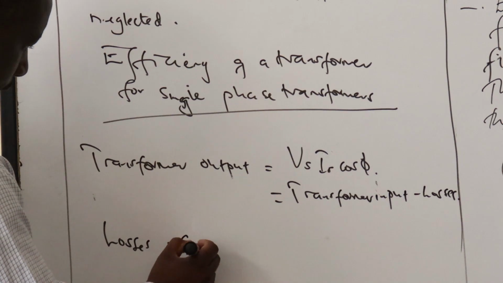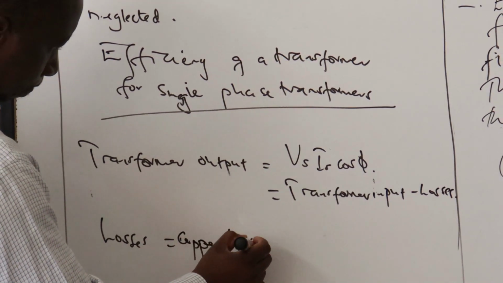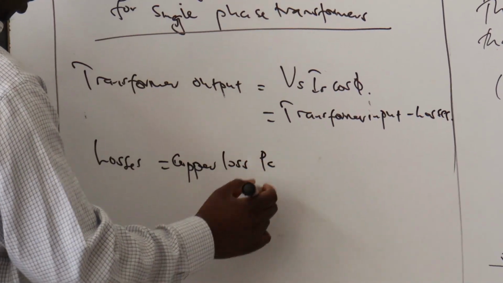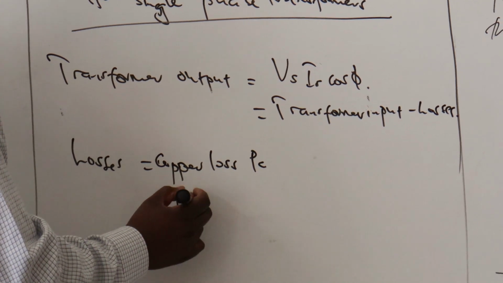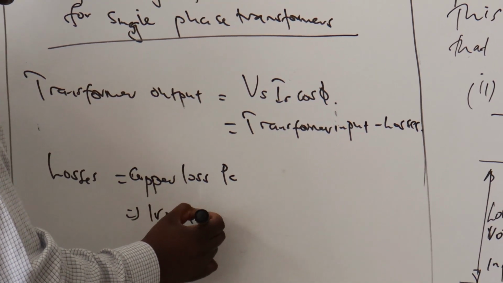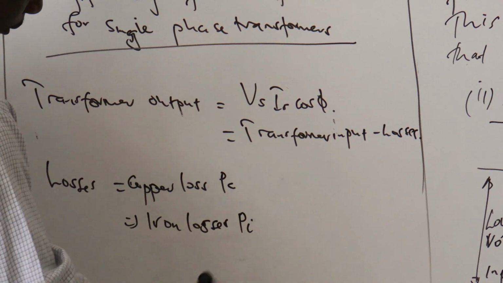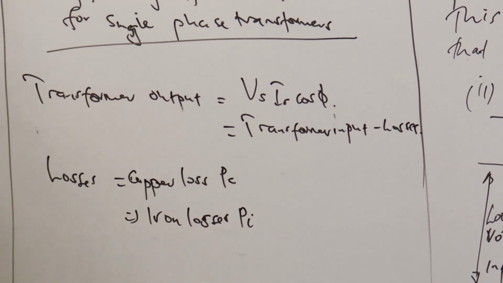Losses: we have the copper losses, which is PC, and we have the iron losses, which is PI. The iron losses are normally constant.